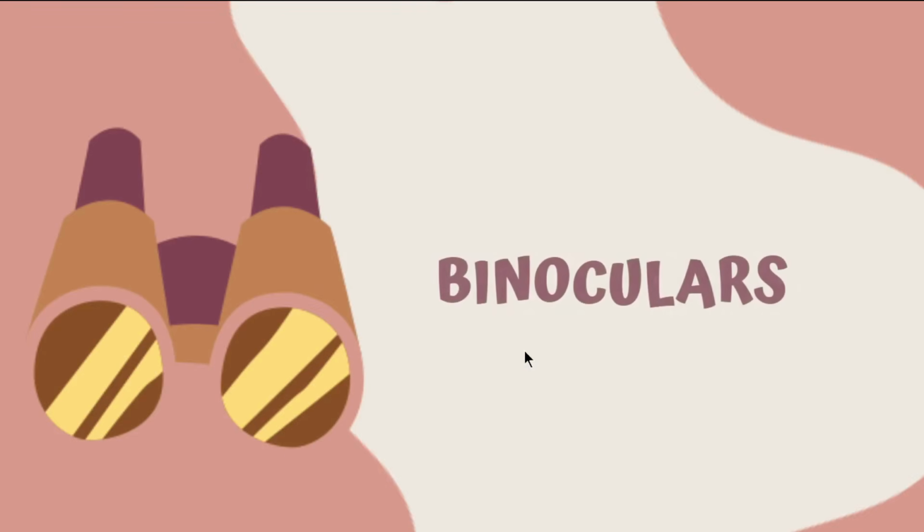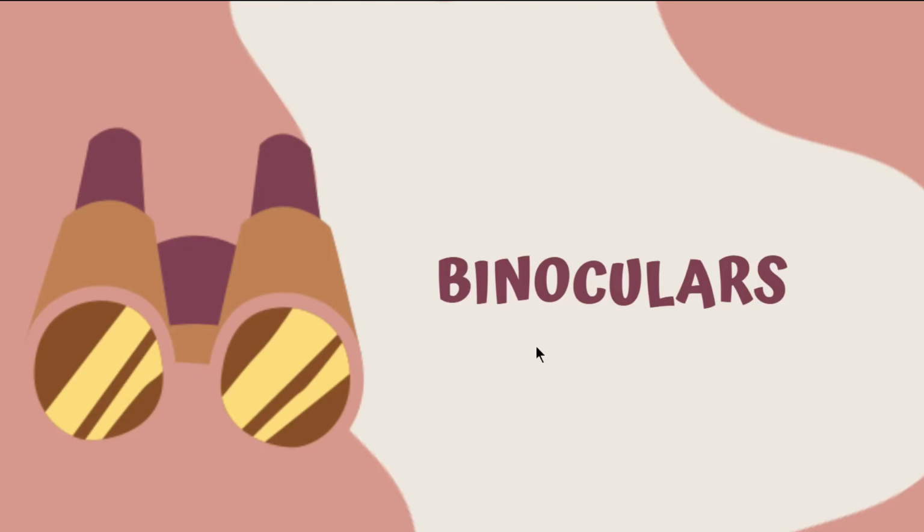Finally, we have binoculars. So, binoculars are similar to telescopes. Yun nga lang, hindi ganun kalaki or kalakas yung kanilang magnification power kasi hindi nila kayang makakuha ng image na galing sa space. Usually, binoculars are used for just distant objects found on Earth. Okay?